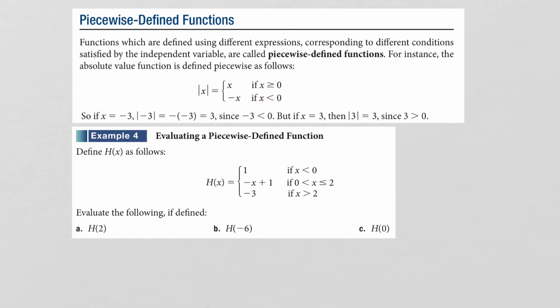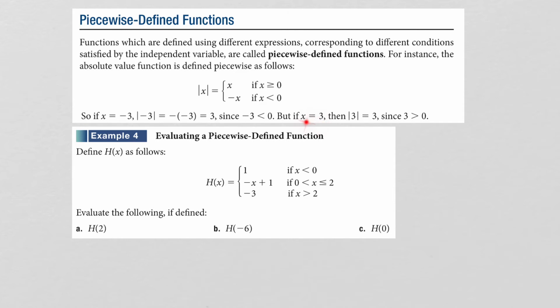And so, for example, if x is negative 3, since negative 3 is a negative number, the absolute value of negative 3 would use this definition. So it's equal to negative 3, which of course turns into positive 3.